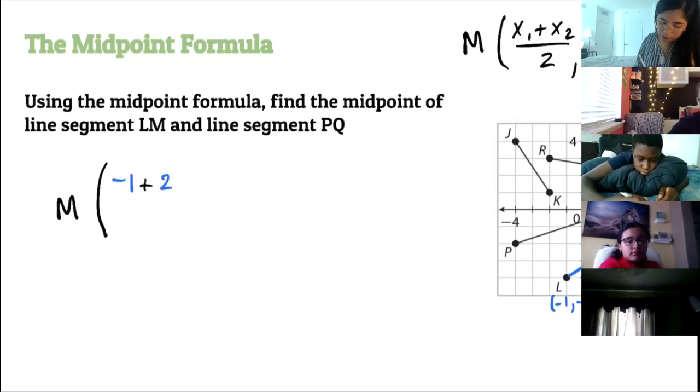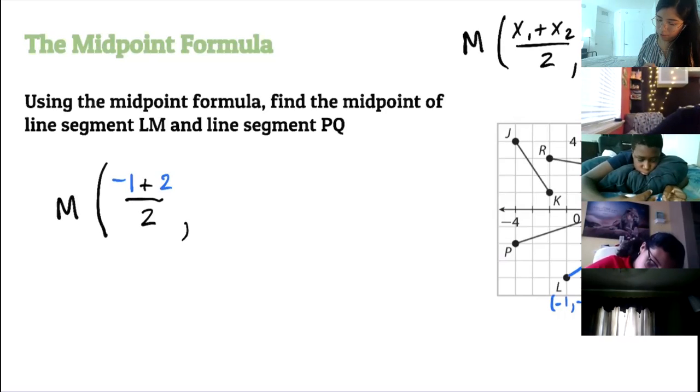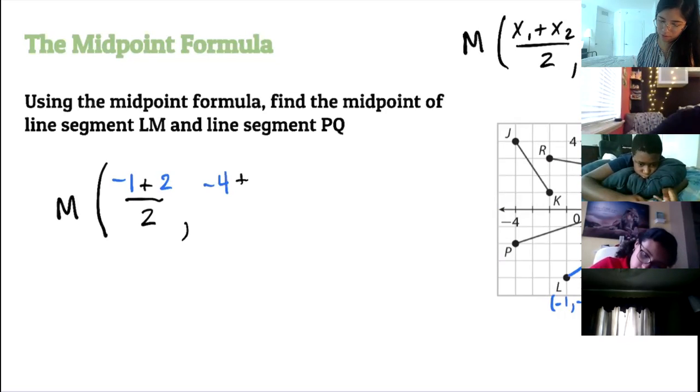And I'm going to take those and divide it by 2. So that's my x coordinate. And then I have to do y2 and y1. So that's going to be -4 plus -2, divided by 2.